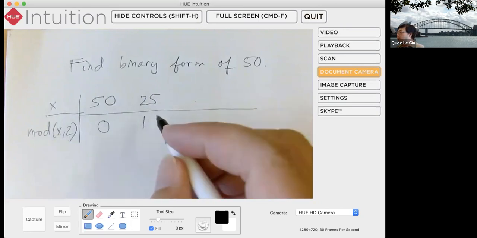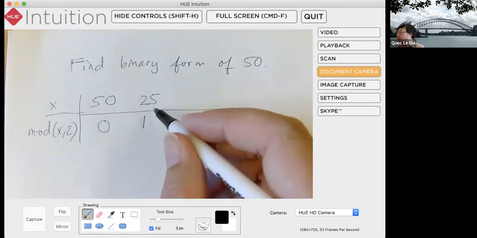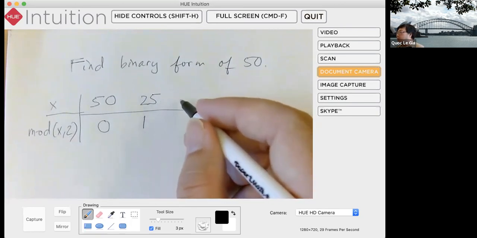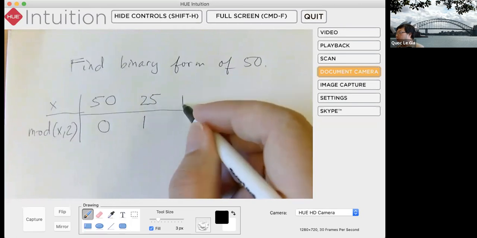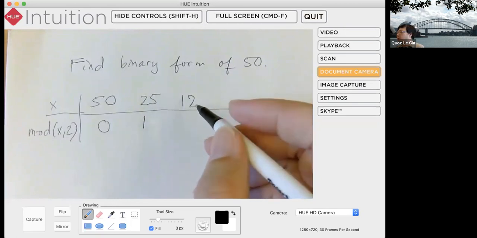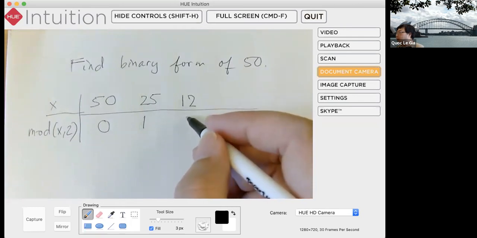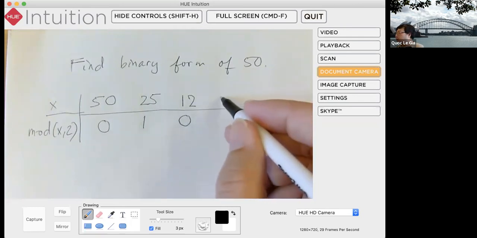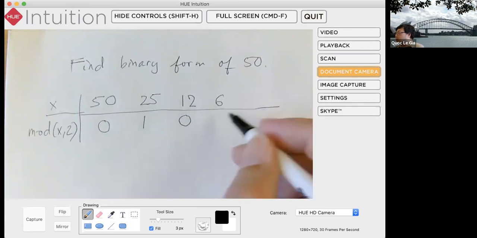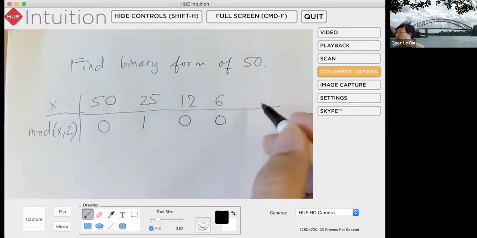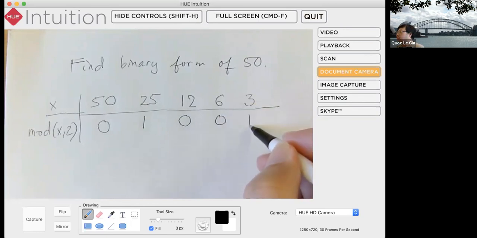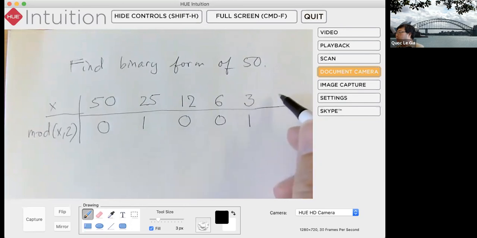Now you repeat. 25 divided by 2, you forget the remainder, so you got only 12. 12 divided by 2, remainder is 0, and you got 6. 6 divided by 2, the remainder is 0, you got 3. 3 divided by 2, the remainder is 1, and you got 1. 1 divided by 2, the remainder is just 1.